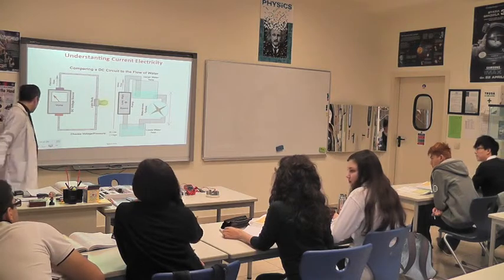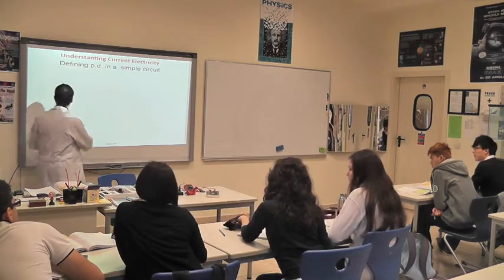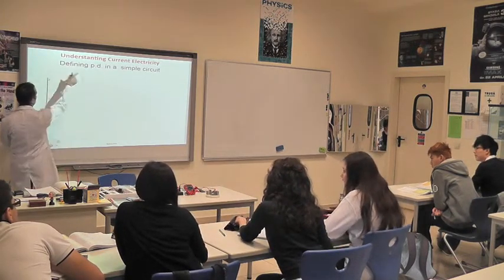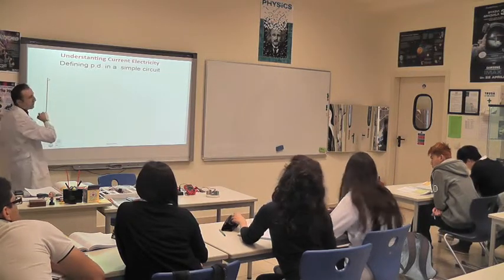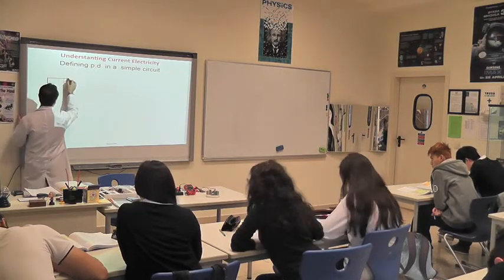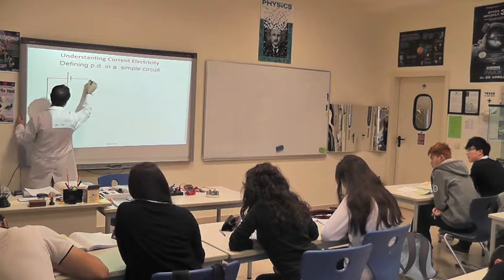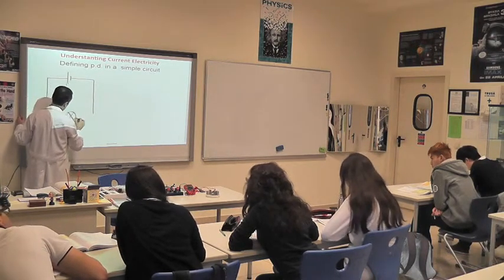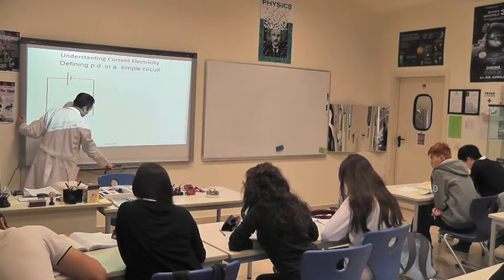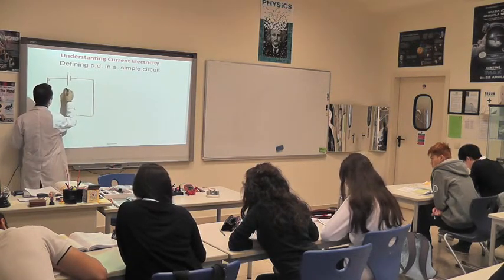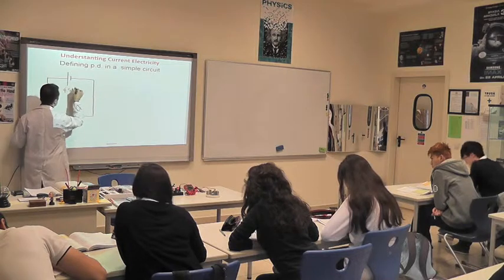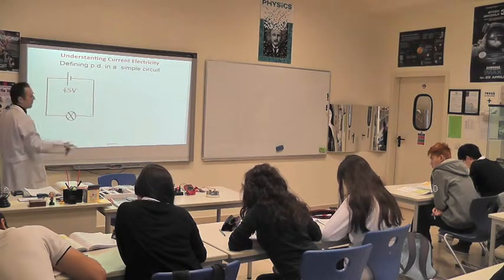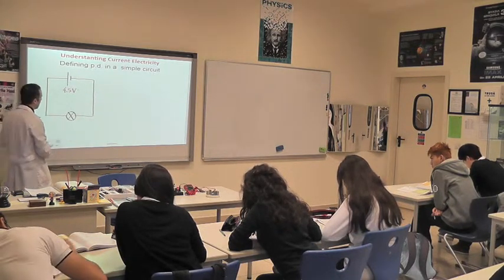Let's write this down. If you have a simple circuit, write it down. Defining potential difference in a simple circuit. Here is the battery. Here is the bulb. Okay? Let's say the battery provides 4.5 volts, just like in the same case we had in the demonstration here.